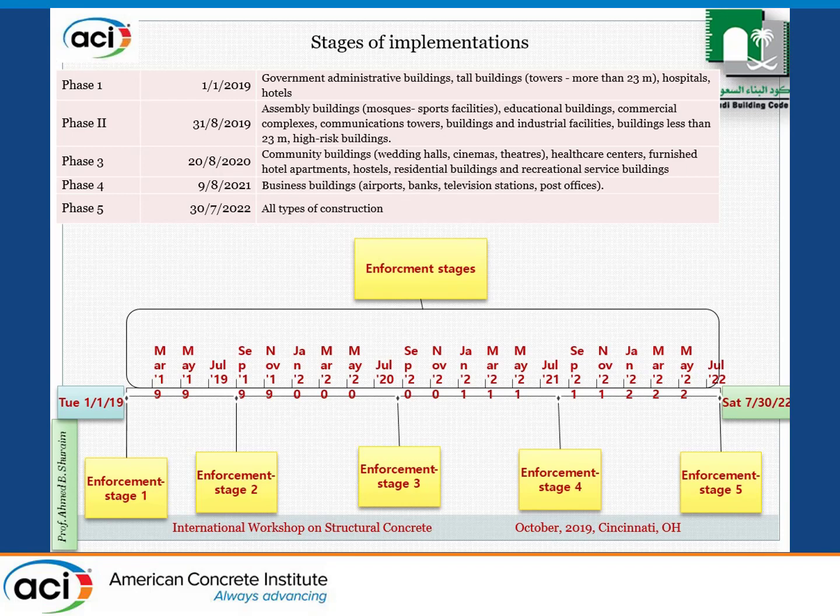Residential, for example, will be next year, residential buildings, because they have more problems, and we'll show you some of the challenges for that. So that by the end of 2022, all types of construction will supposedly be following the code. I mean, required to follow the code.